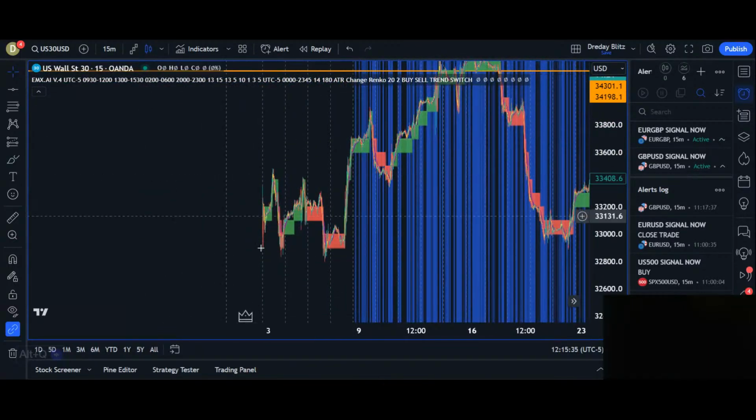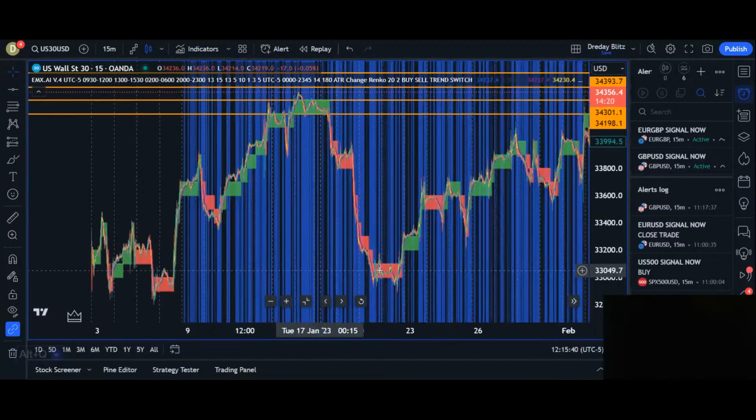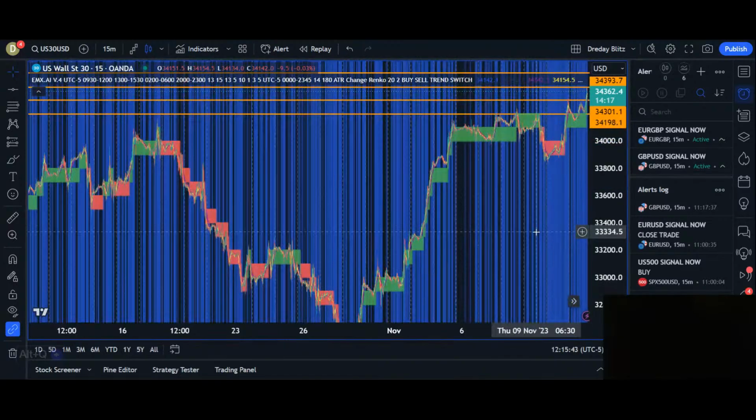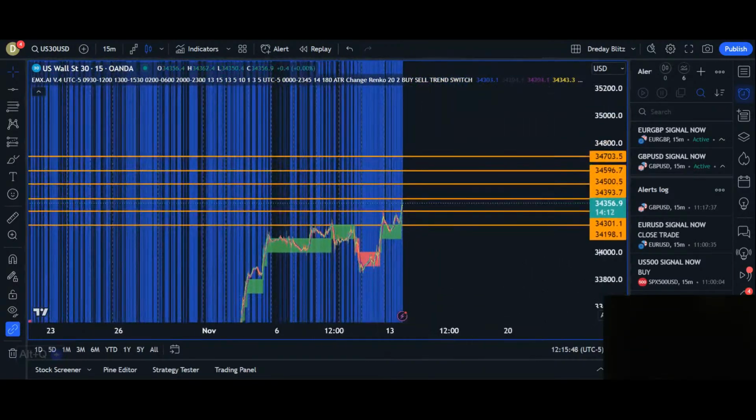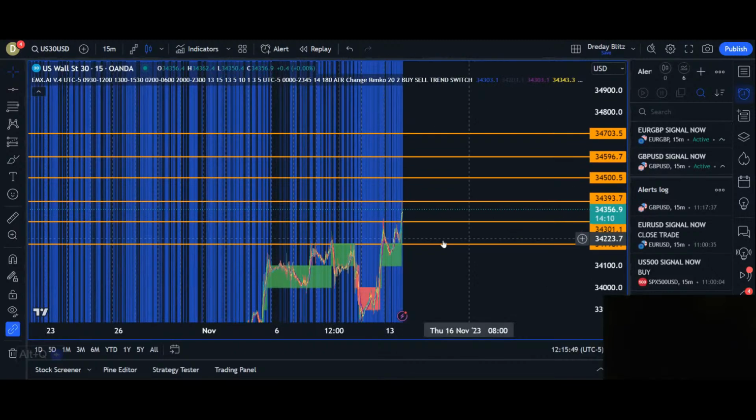So since we're looking at a 15-minute chart, it's not going to go much further than that, but you get the gist of it. So for sure, those prices are high probability price points that the price will go to, at 100%.